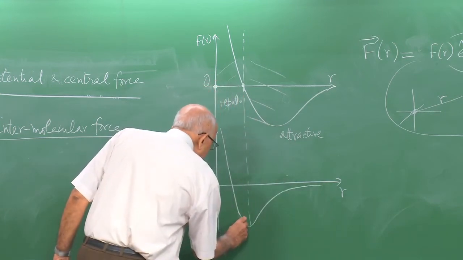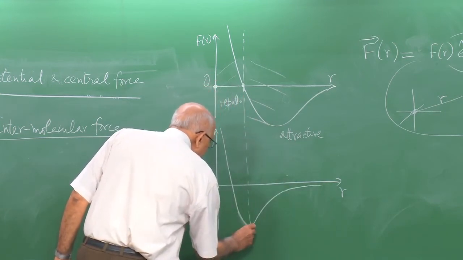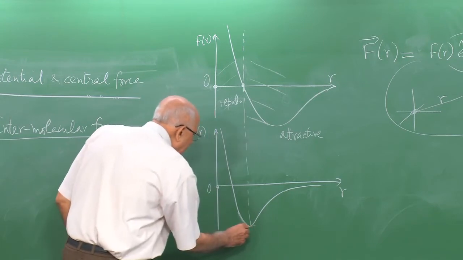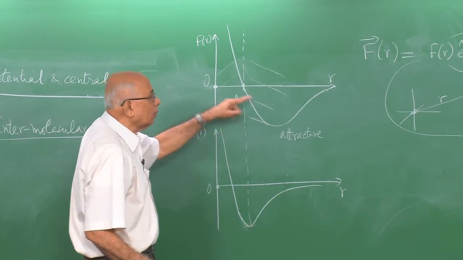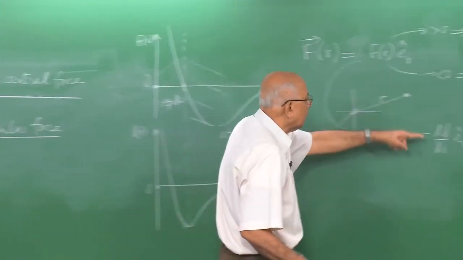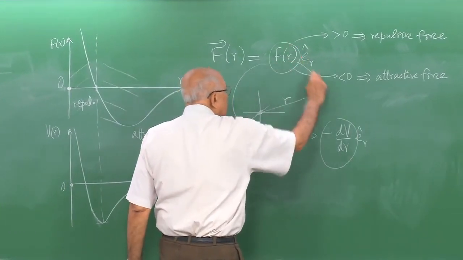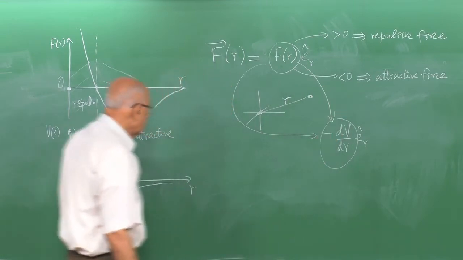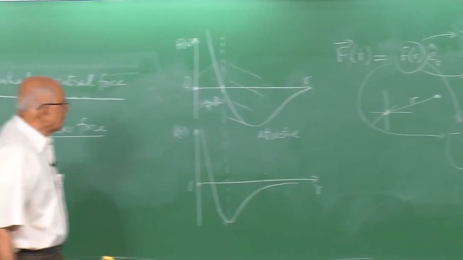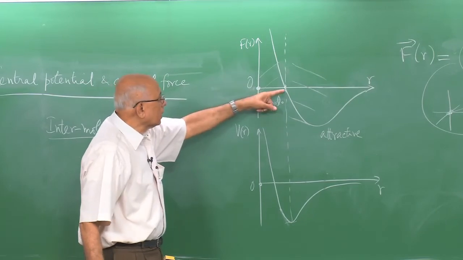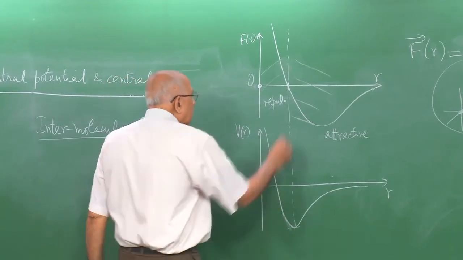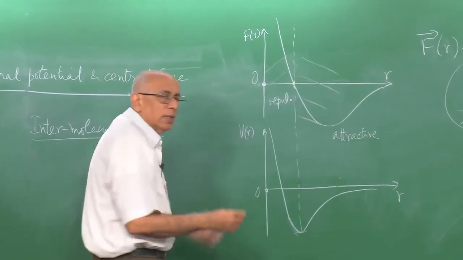So there is some kind of minimum here where the slope is flat, and that is why f is 0, because f is minus dV over dr. Where the force crosses 0, you have equilibrium. There is no net force on the other molecule.